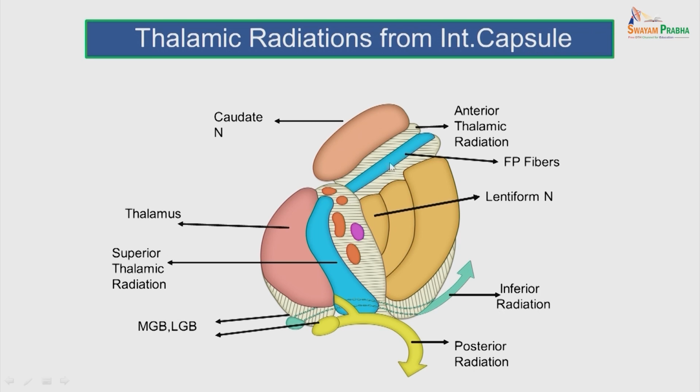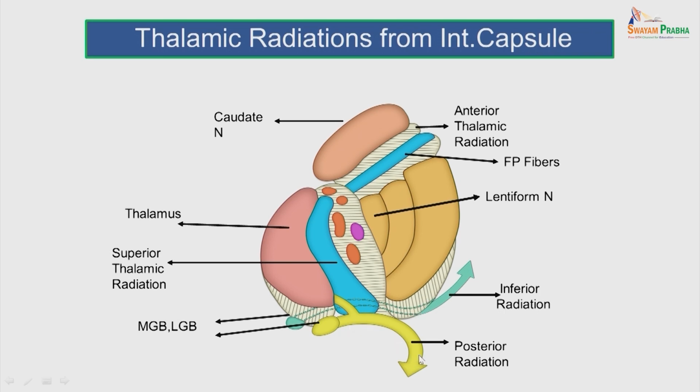So, these radiations are carried to the anterior thalamic. The superior also carries the medial dorsal, then the lateral dorsal and lateral posterior. The inferior thalamic radiation is through the sublentiform part of the internal capsule, carrying the medial geniculate body fibers.